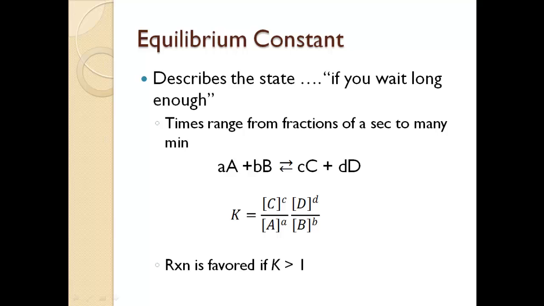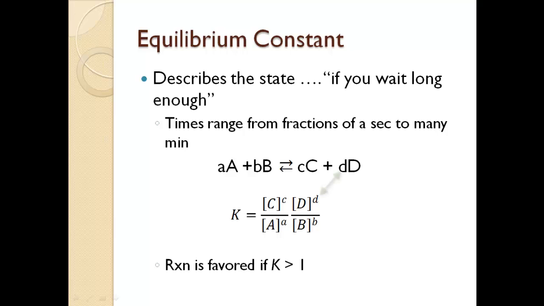So for a reaction that has reactants A and B, and those reactants A and B are converted to products C and D, we write the equilibrium constant of that reaction as K is equal to the concentrations of the products over the concentrations of the reactants.